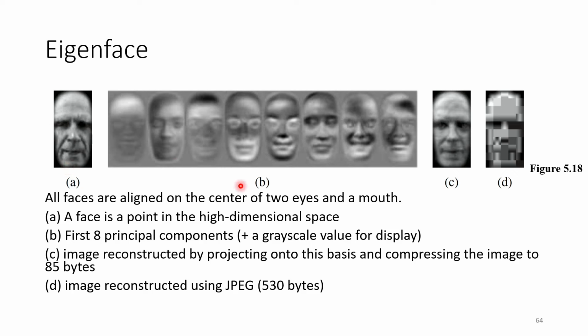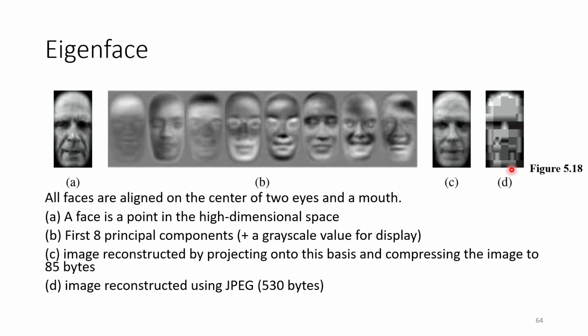Suppose we have only 8 principal components. So we only need 8 coefficients. We can apply the 8 coefficients to reconstruct the image. So here in the example, we only need 85 bytes to generate this result.